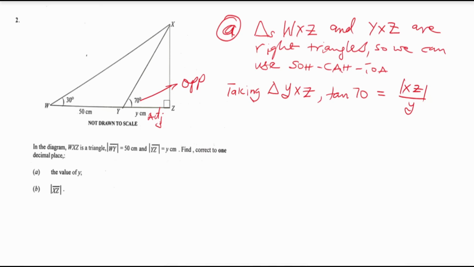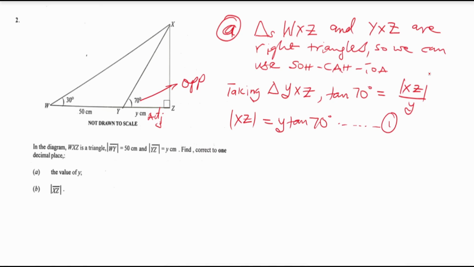Tan is opposite over adjacent, so tan 70 is XZ over y. To make XZ the subject, XZ will be equal to y tan 70 degrees. Looking at the way it is now, we can't do much about it, so we have to come back to it. I'll call it equation 1 so that I can make reference to it later.